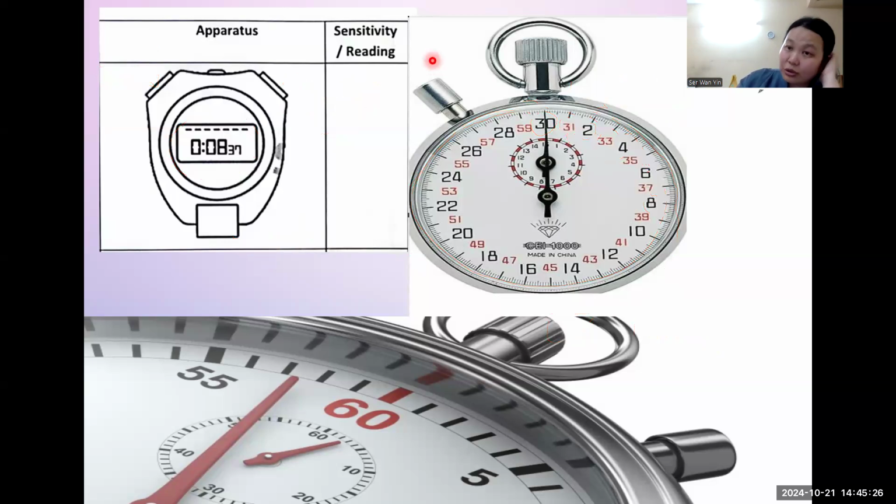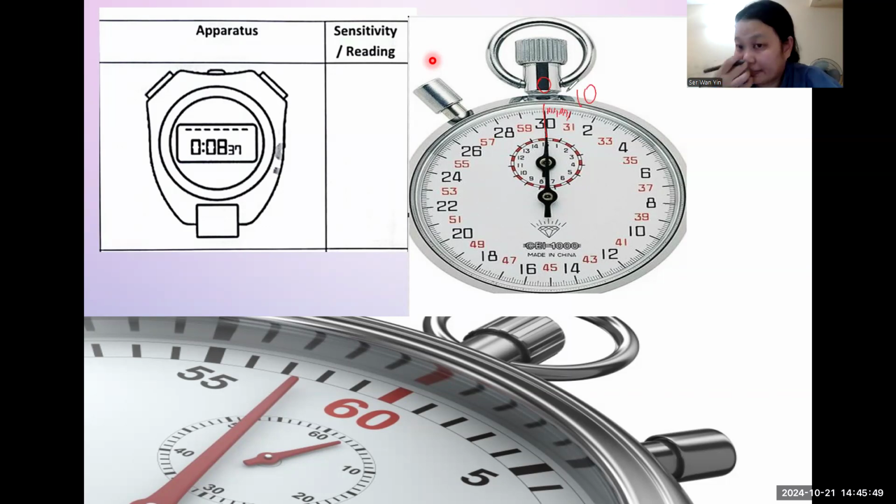Okay, now what should we do? Please determine the smallest scale first. Why the smallest scale? Count the small divisions. Let's say from here it's 0, 1, 2, 3, 4, 5, 6, 7, 8, 9, 10.